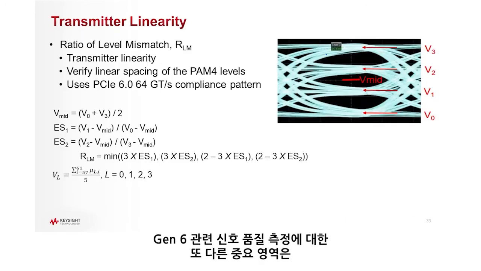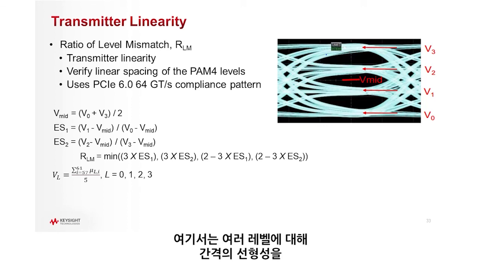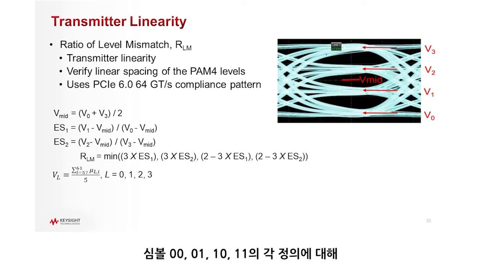Another important area for signal quality measurements for Gen 6 is going to be linearity. And here we want to make a measurement of how linear the spacing is for the different levels. We want those levels to be very consistent for each of the definitions for symbols 00, 01, 10, and 11.